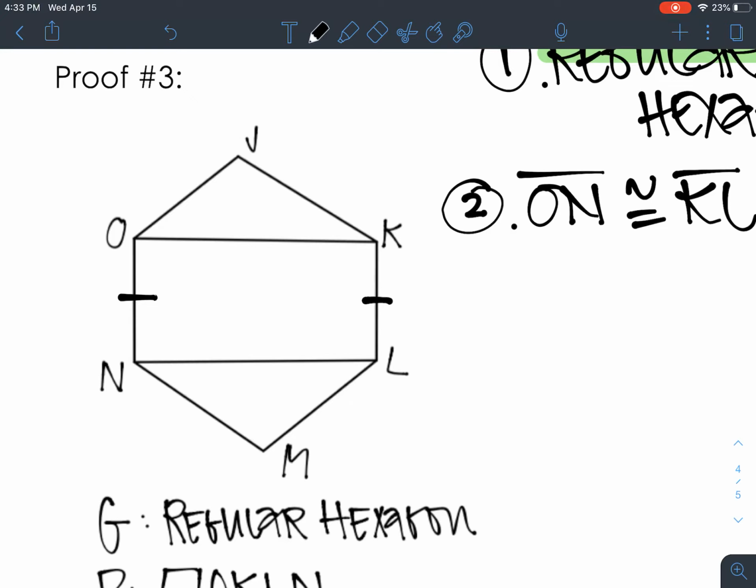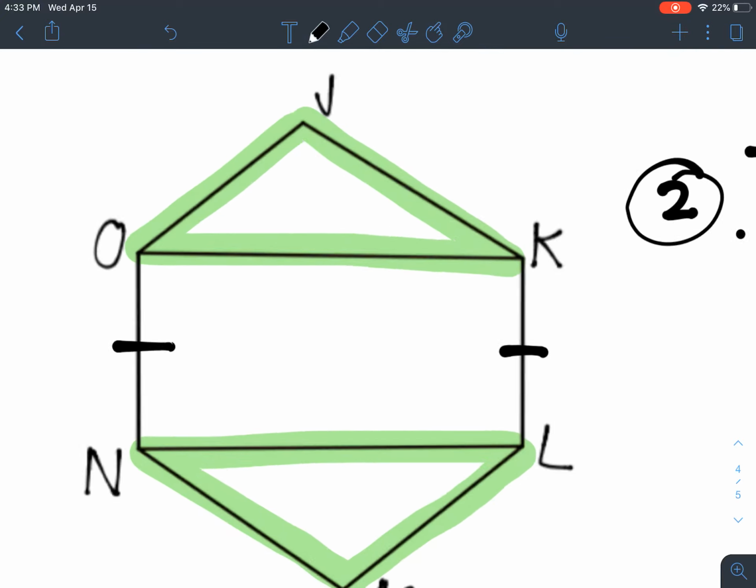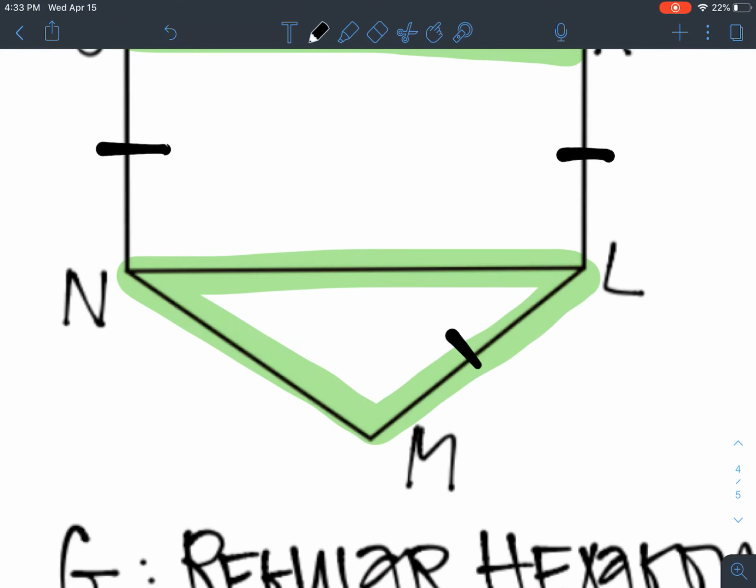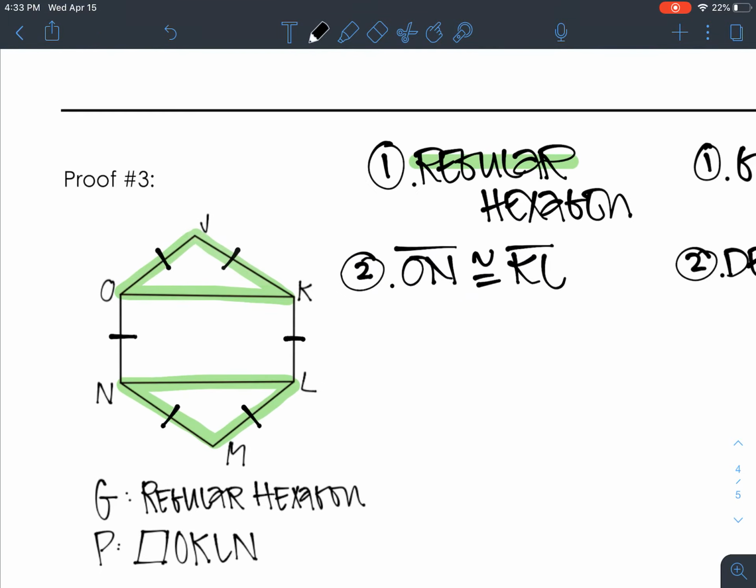But what I want us to focus on are these 2 triangles right here. If I could prove those 2 triangles congruent, couldn't I then prove the corresponding parts are congruent? And so what do I know then about OJ, JK, ML, and MN? Well, because it's regular, I know that they all have to be congruent.